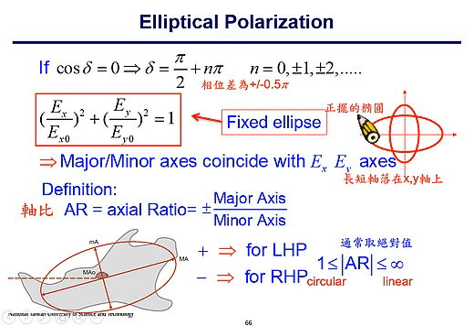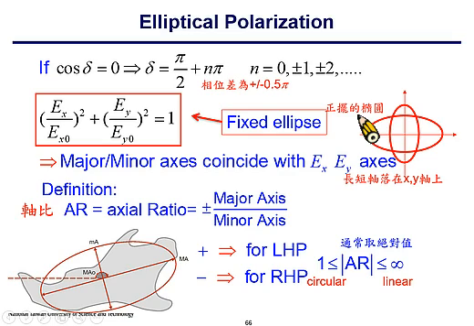With this definition, axial ratio can be a positive or negative number, from 1 to infinity and minus 1 to minus infinity. If it is a positive number, it stands for left-hand circular polarization. If it is a negative number, it stands for right-hand circular polarization. But usually, when it comes to antenna design, we take the absolute value of the axial ratio.